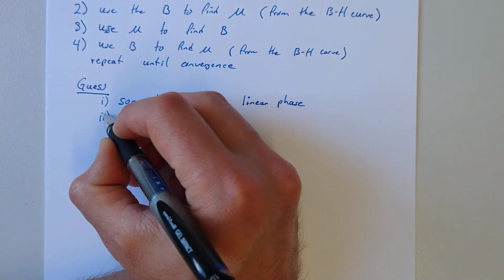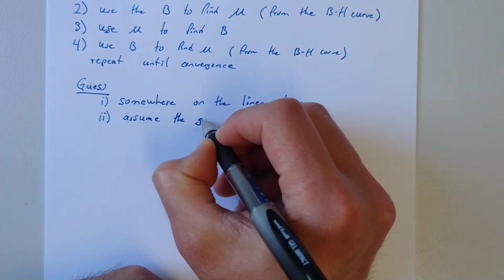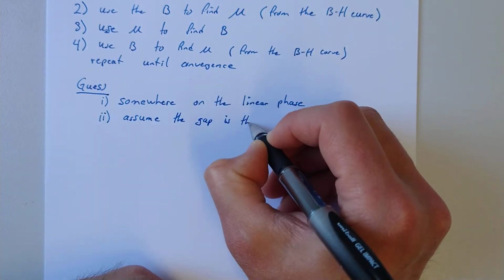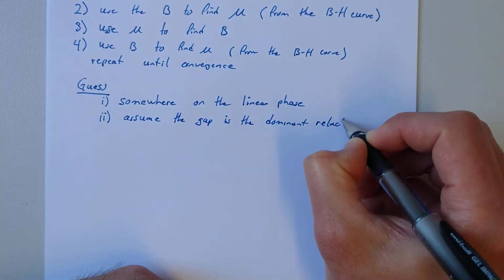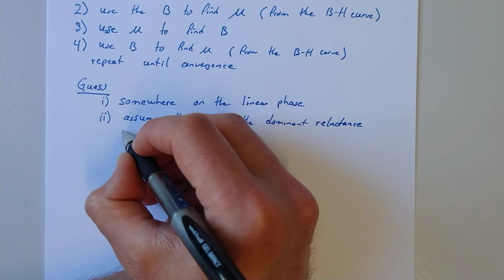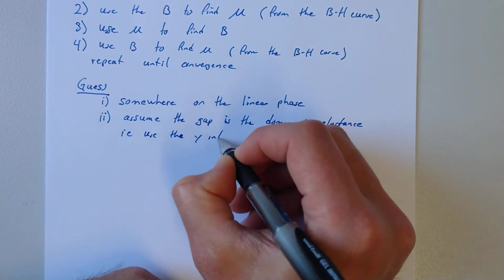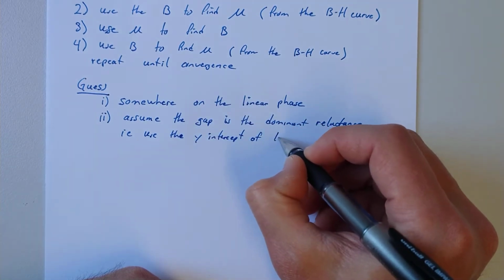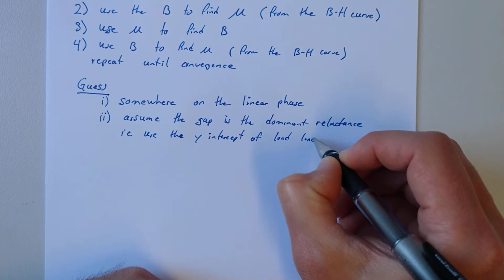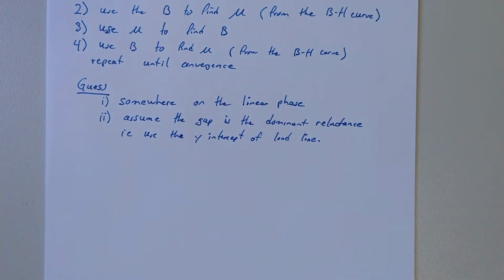Another choice is to assume the gap is the dominant reluctance, i.e., use the y-intercept of the load line. We'll use the second method here, though either one would work.